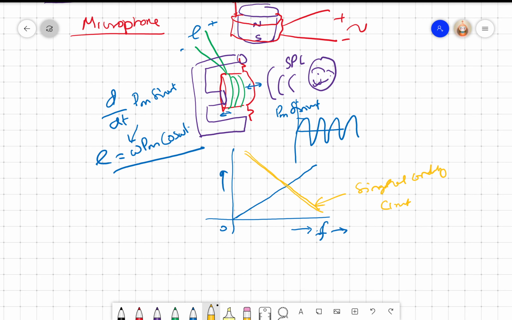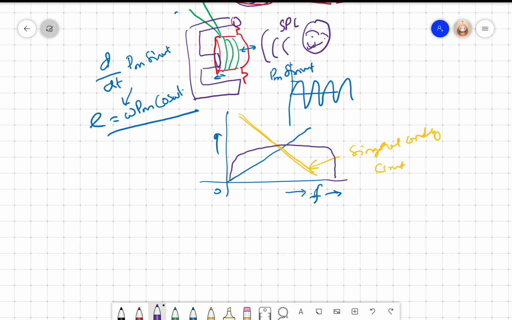And that would compensate and will give us more or less the characteristics that we deserve. So as I said, the moving coil microphone, as it is called, is very popular, or simply it's called the dynamic microphone.